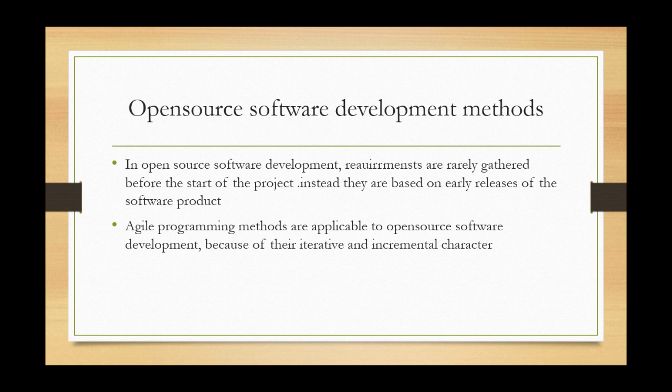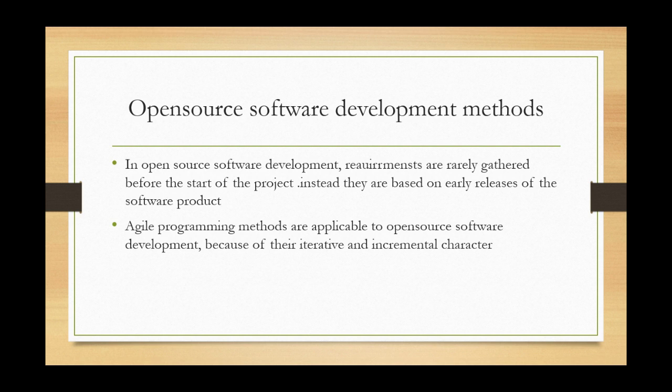As a software developer, you first release a working software. Then from there, people start working on the existing software. Methods such as rapid prototyping, incremental and evolutionary development, spiral life cycle, rapid application development, and extreme programming can be applied to open source software development.